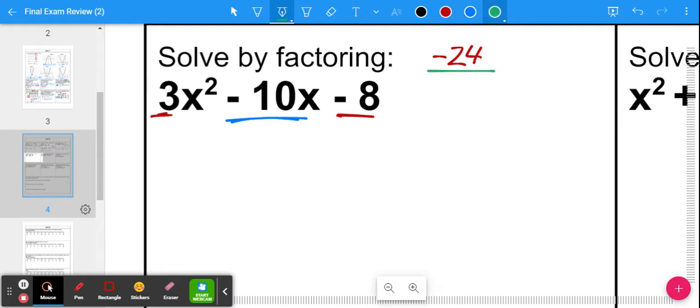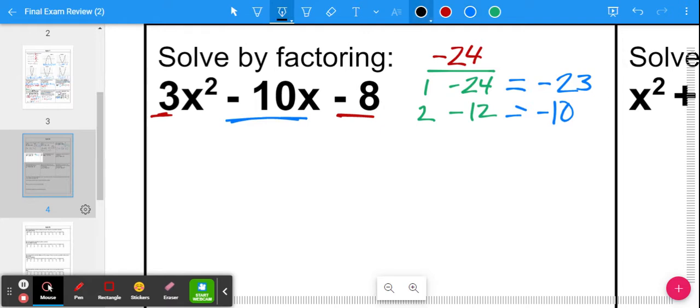So I'm going to try, because my b value is negative, my bigger value is going to be negative. So I have 1 times negative 24, which adds up to negative 23, not my b value. So I have 2 times negative 12, which have a sum of negative 10. So there's my b value.